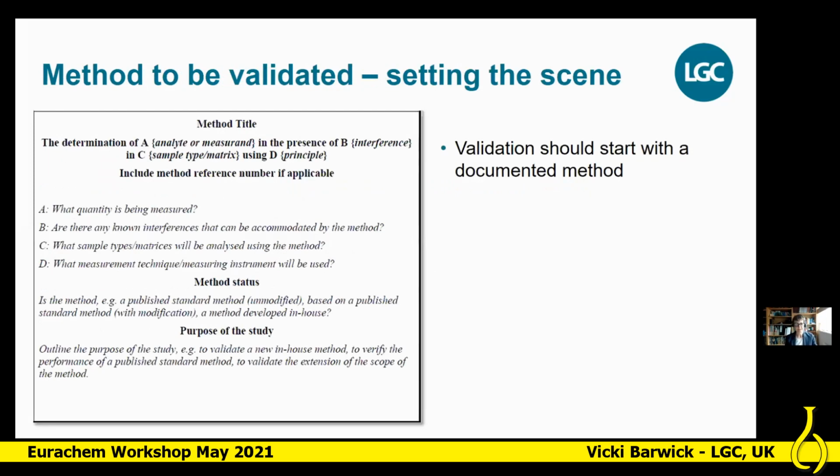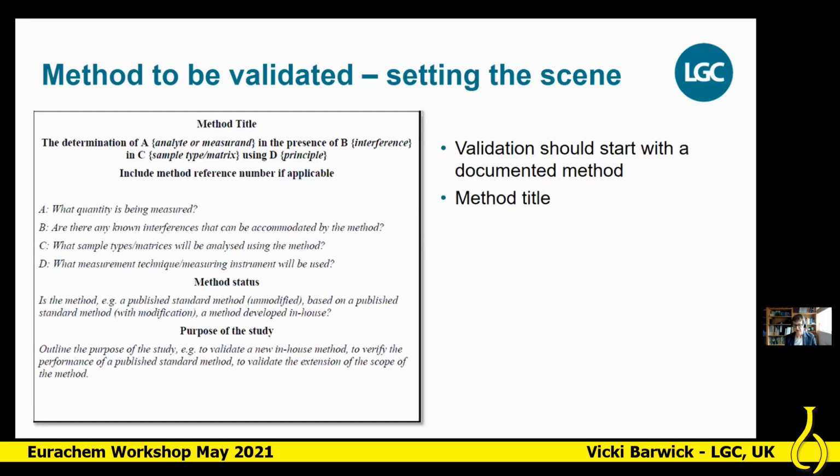I think sometimes there can be a bit of a blurred boundary between when method development stops and validation starts. But I think really we should try and draw a definite line and say, now I've got a method which is documented, and I want to take that forward for the formal validation. So this is where we're really setting the scene for what it is we're validating and why we're doing it.